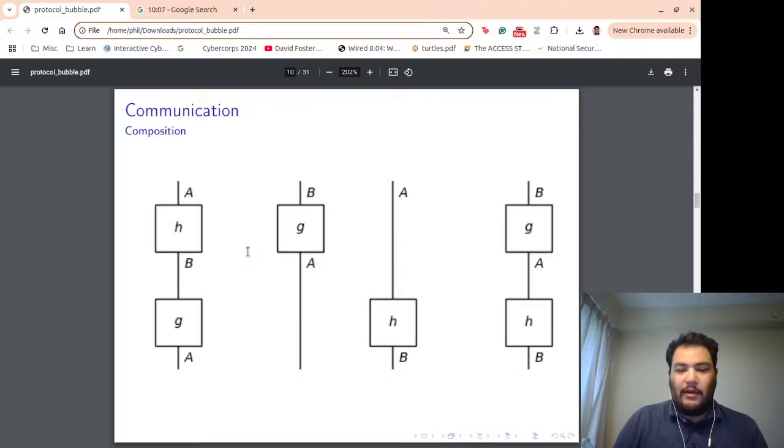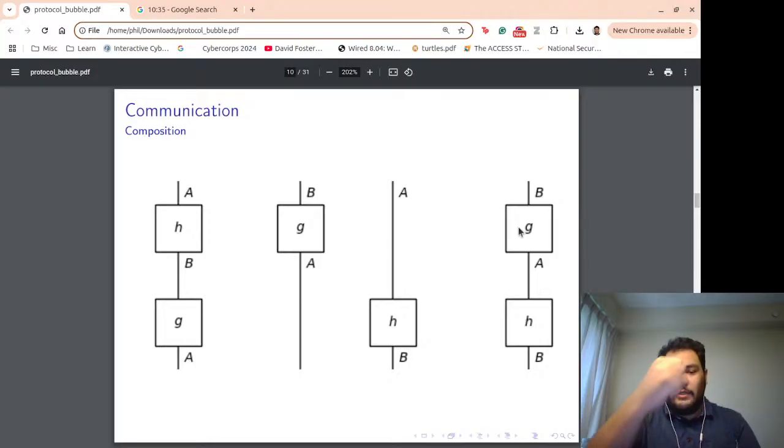And you can think about composing these things. So a prompt response pattern would be Alice sends a message to Bob, who then responds to Alice. So that's this diagram on the left, G and then H. And then on the right, you could do H and then G, which is Bob prepares a message, uses H to transmit it to Alice, who then uses G to transmit a response back to Bob.